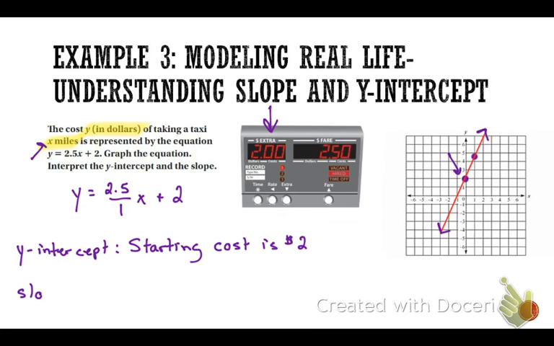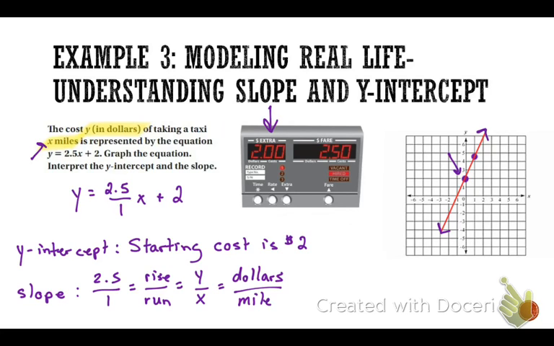Now your slope interpretation. What is your rate? Remember, the slope is your rate. So look here. 2.5 over 1. I want you to write it down. 2.5 over 1. This is rise over run, which means y over x. What did y stand for? Dollars. What did x stand for? Miles. So this 2.5, that means dollars. So you need to put that in dollar format.